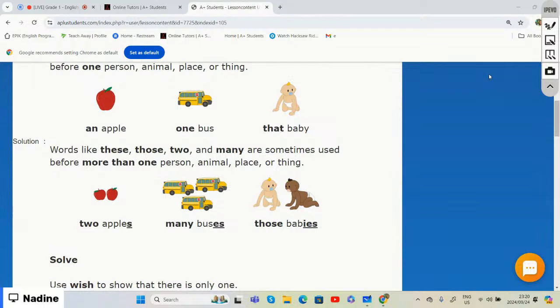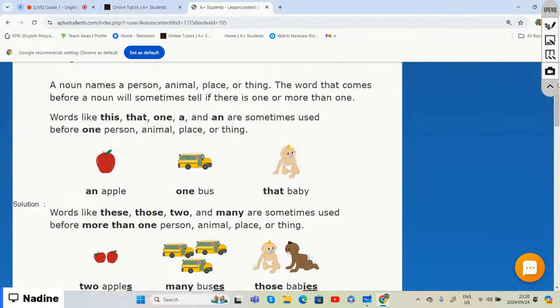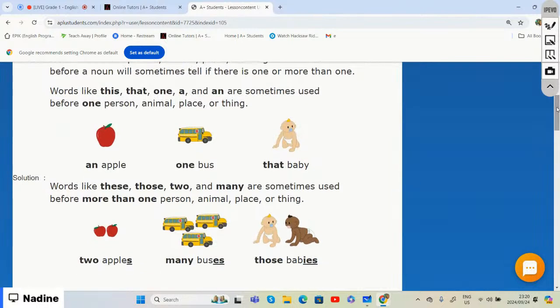And then we also have our plural nouns. And plural nouns refers to two or more people, animals, places, or things.